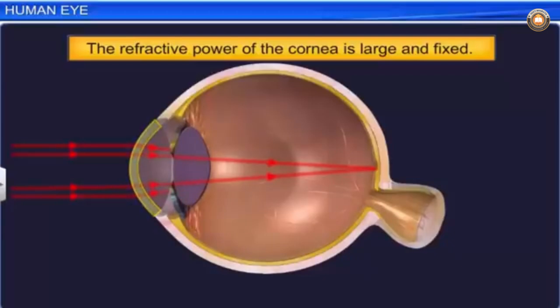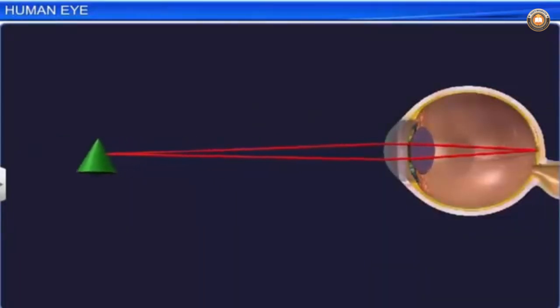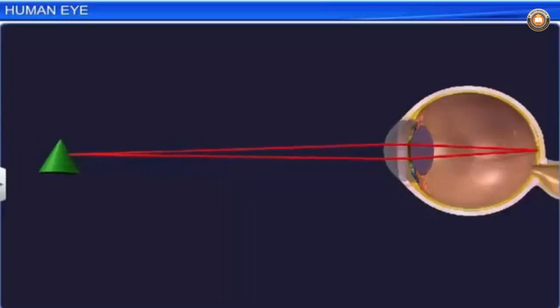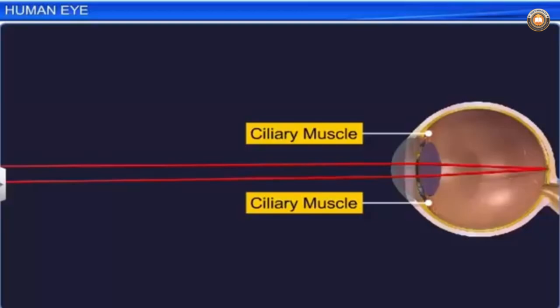Ciliary muscles help in adjusting the focal length of the crystalline lens. Ciliary muscles are in relaxed state when an object at infinity is sharply focused on the retina.